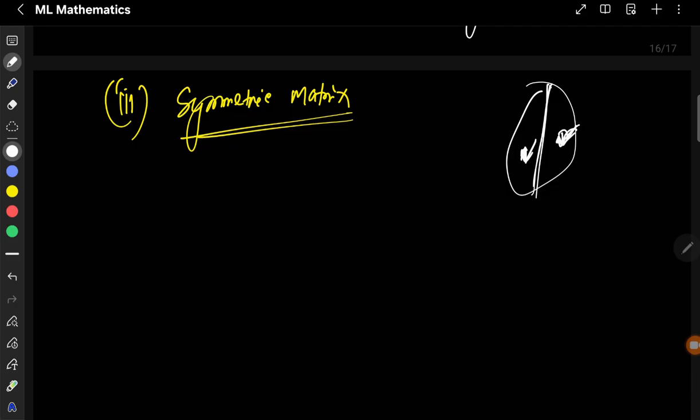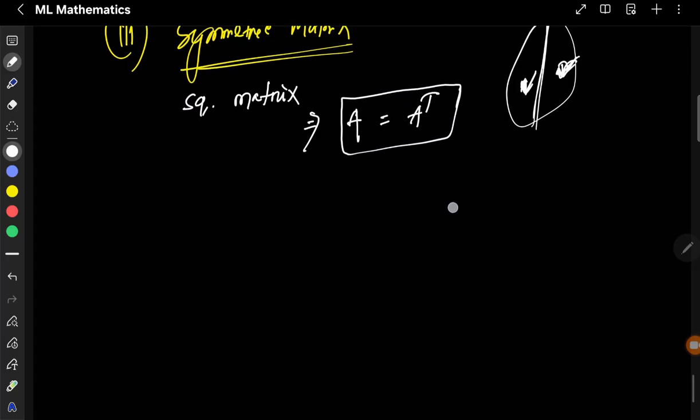So in a symmetric matrix, what we are trying to say is, if you have a square matrix, where A is nothing but the transpose of it. A should be equal to the transpose of it. What does that mean?